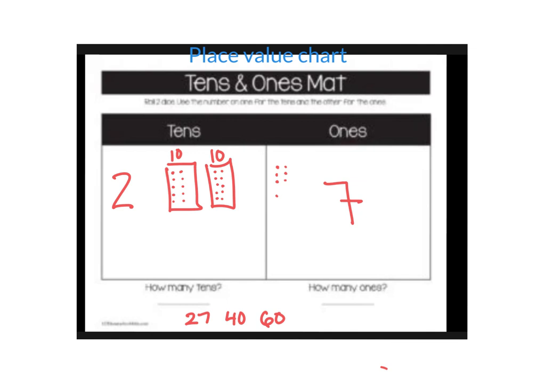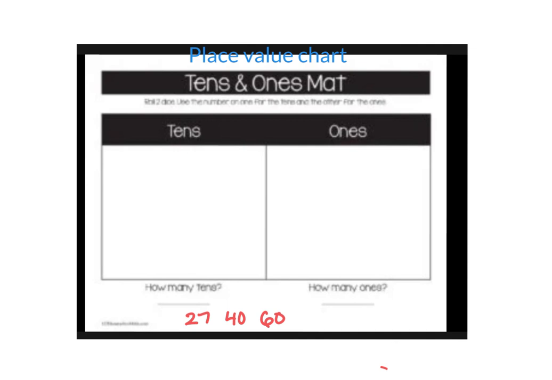So now, if we look at the next number, 40, we're going to move the 4 up here to the 10 spot and the 0 ones. So in this number 40, that means that we have 4 of these bundles of 10. We have 4 bundles of 10.